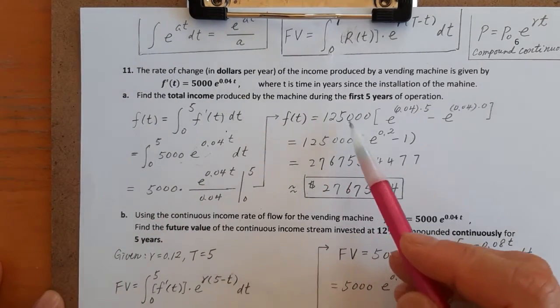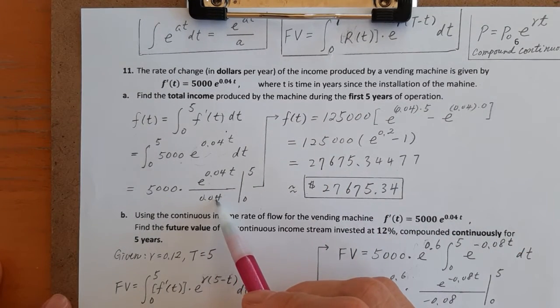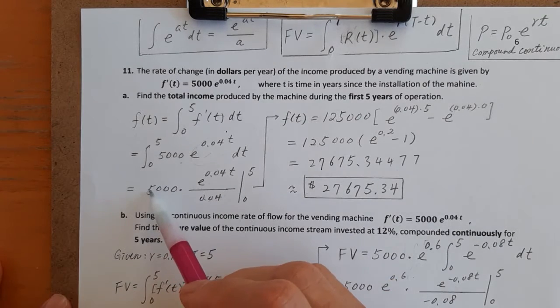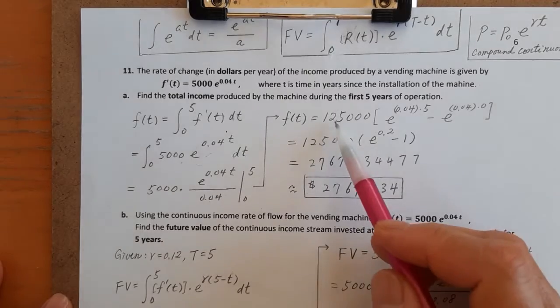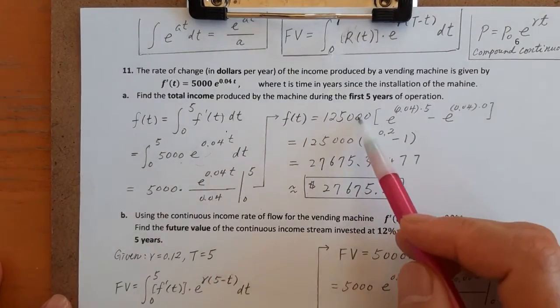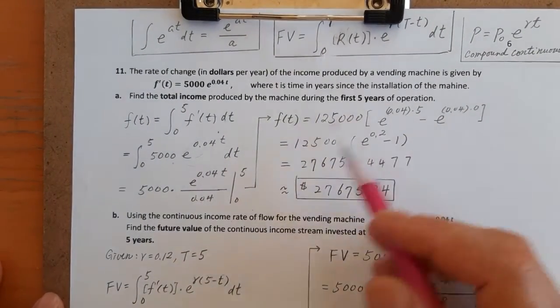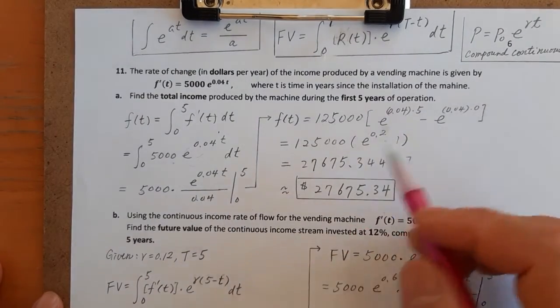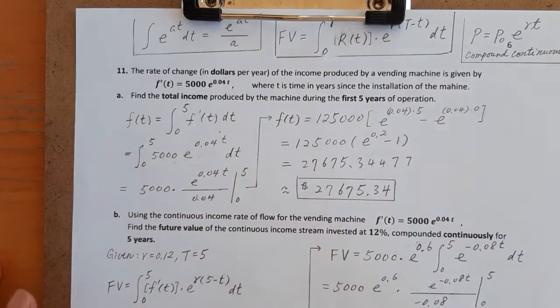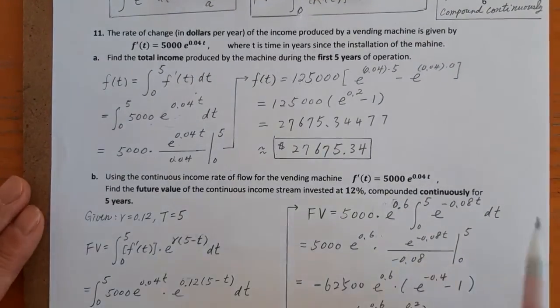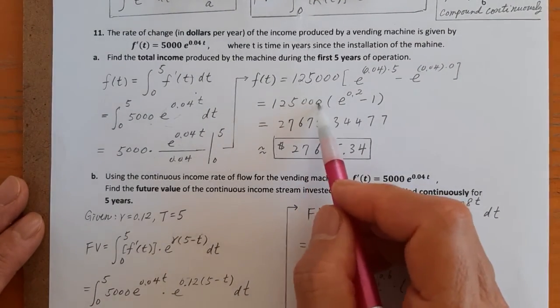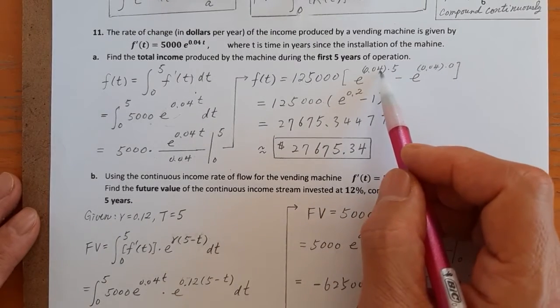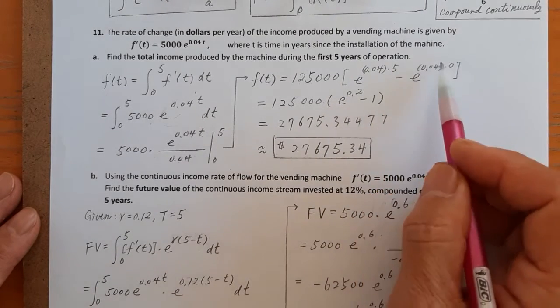So then 0.04 is 1 over 25. Reciprocal, 5 times 25 is 125 with 3 zeros. And then 5 plug in, e to the power 5 plug in, 0 plug in, and put the parenthesis or bracket. So 12500, e to the power, this time together is 0.2, minus 0.